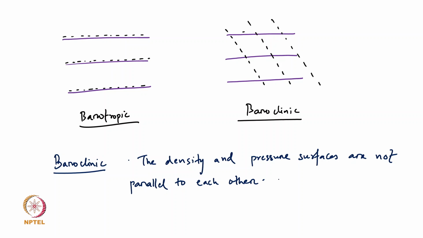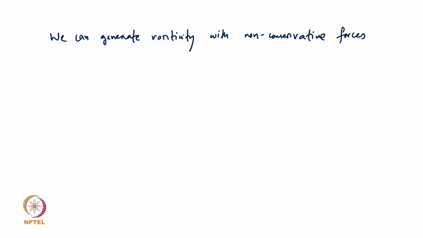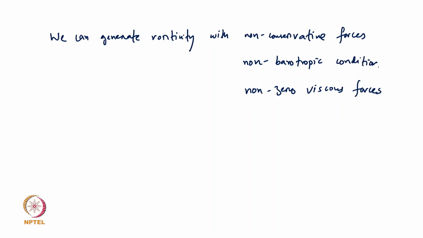So we can generate vorticity in a flow with non-conservative body forces, a non-barotropic condition, that is, density is not only a function of pressure, and non-zero viscous forces. And we'll see from the vorticity equation how each of these terms plays a role.